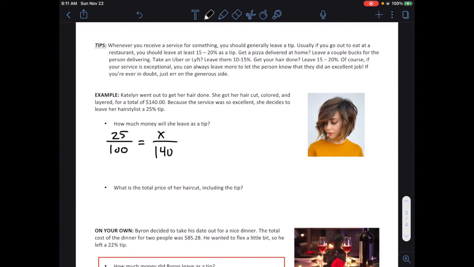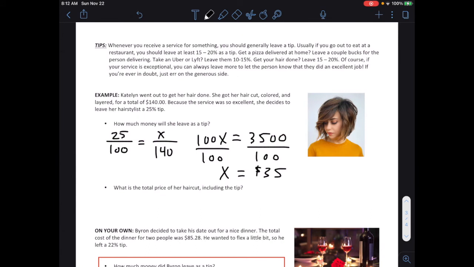So now we can cross multiply, so we have 100x equals 25 times 140, so that's 3,500. And then when we divide by 100, we get x is equal to $35.